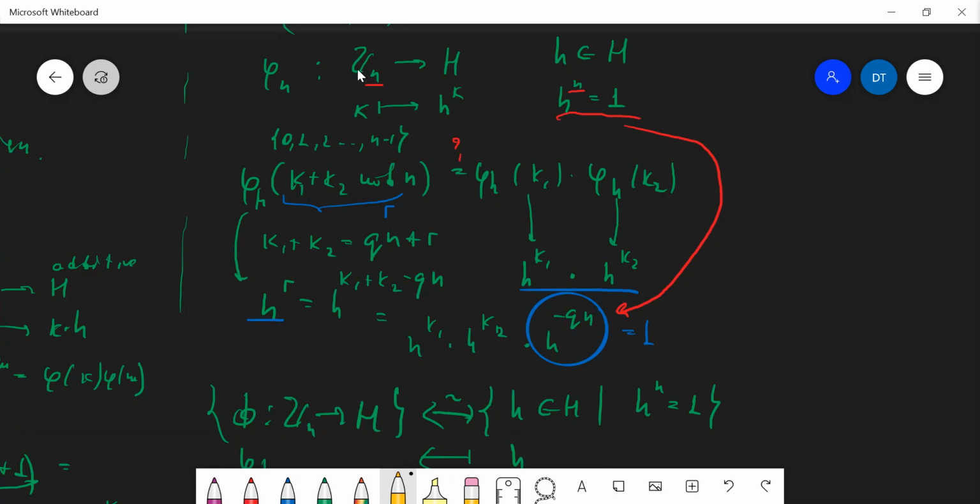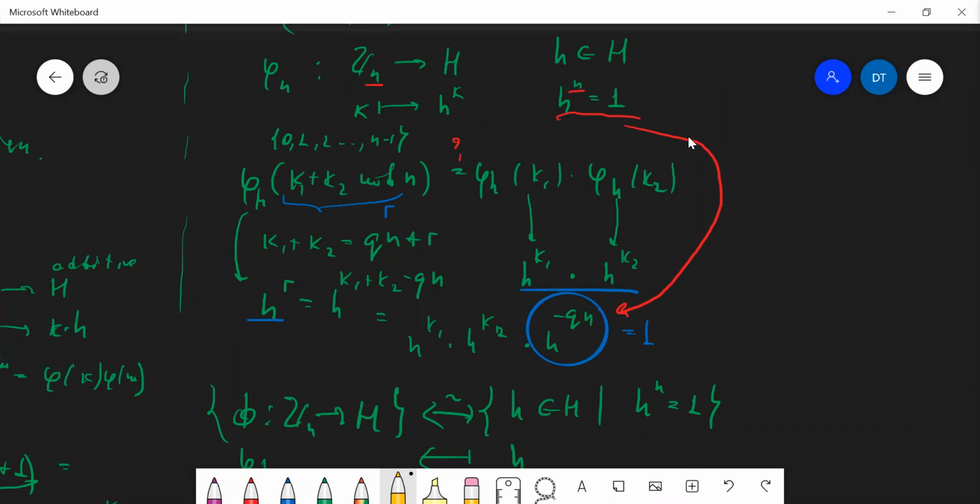Yes. Here it's exactly the same. For the group Z, when you are given an arbitrary element from H, you can produce a homomorphism by such a rule. Here, the rule is exactly the same. When you're given an element h, you can use the same rule to produce a homomorphism from Zn. But you cannot use any element h. You need to use an element h with this additional restriction.